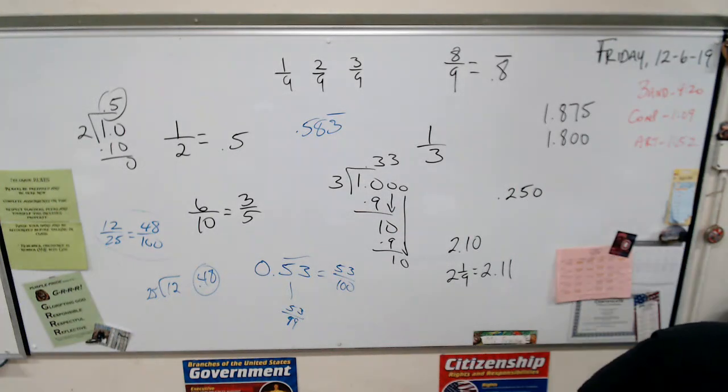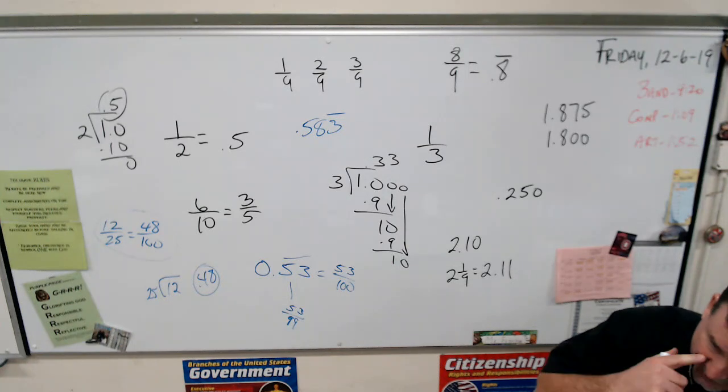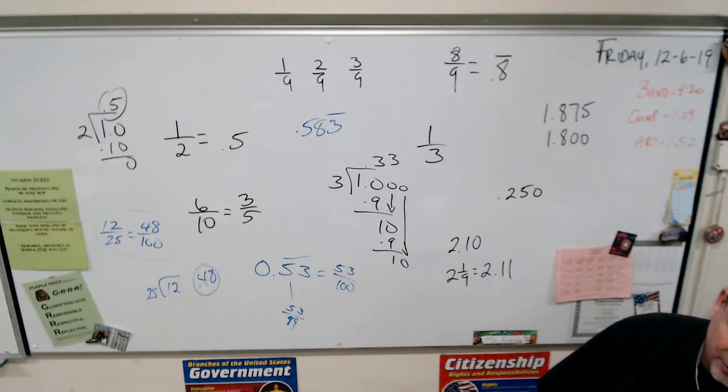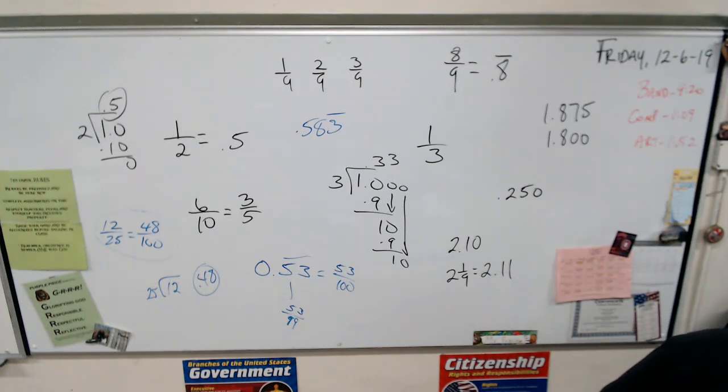0.54. Number 20, 3.65. And it ends. 3.6875. Number 21, negative 0.4125. Number 22, 0.5, the 3 repeats, just the 3 repeats.